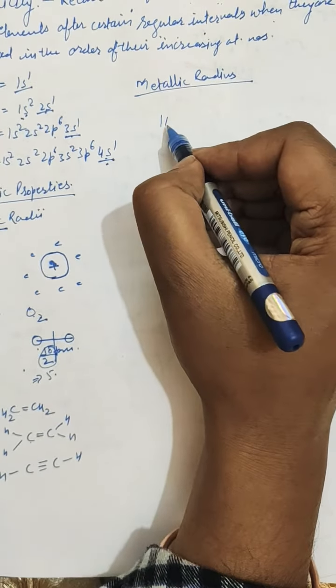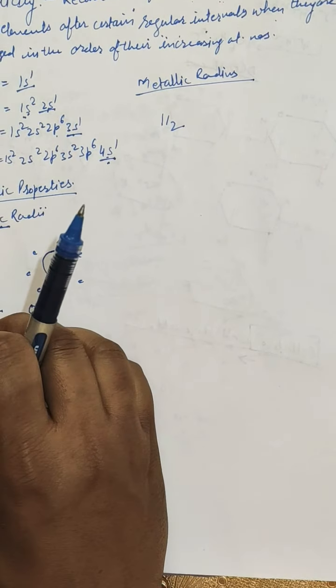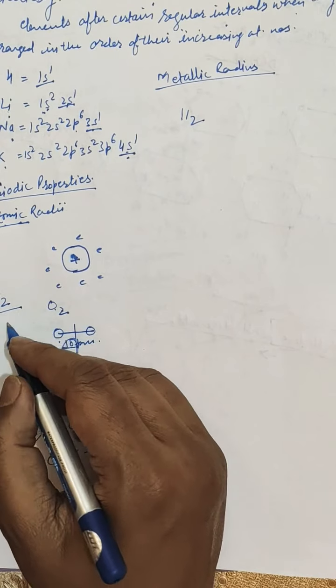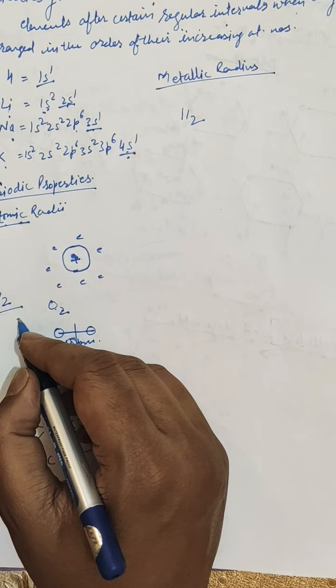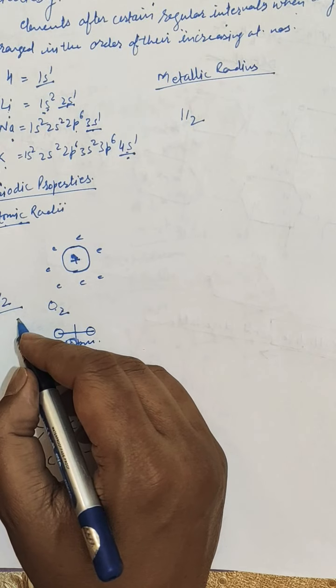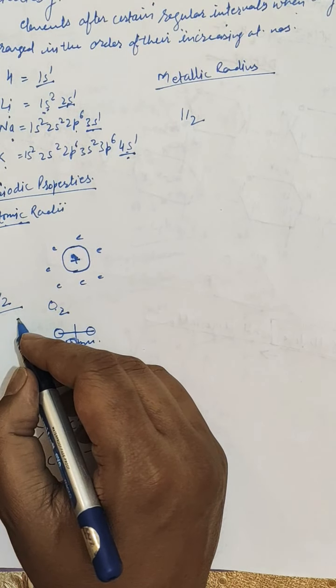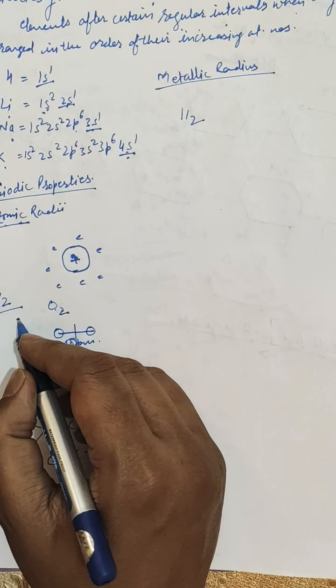So it is also one half of the distance, as with the covalent radii, between the two nuclei of two adjacent atoms, but it is the case of a metal in a metallic lattice, whereas in the case of covalent radii we were talking about two same atoms of a molecule.